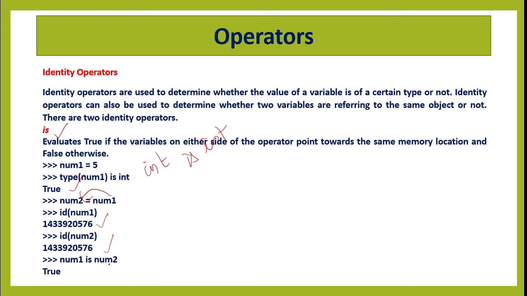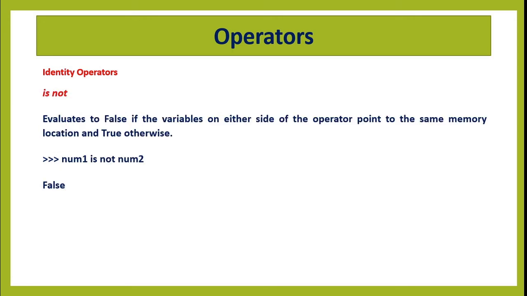So this one returns true. So next one is 'is not'. So the 'is not' operator evaluates to false if the variables on either side of the operator point to the same memory location and true otherwise. So num1 is not num2. Yes. So it is false.